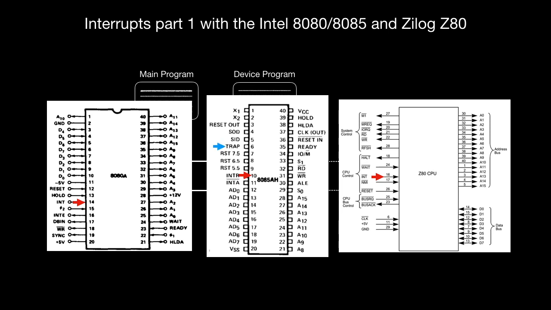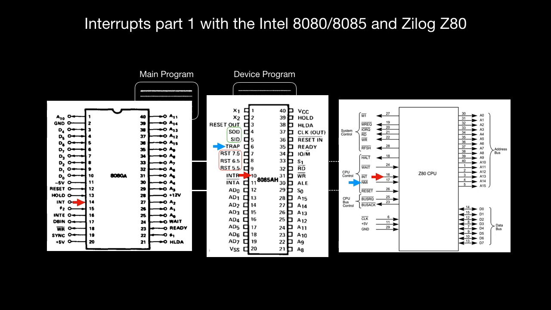The 8085 also has a trap interrupt. It is a non-maskable interrupt, which cannot be disabled by software. The Z80 also has a non-maskable interrupt on pin 17. The 8085 also has 3 further maskable interrupts from RST7.5 to RST5.5, which I will cover in a dedicated video.